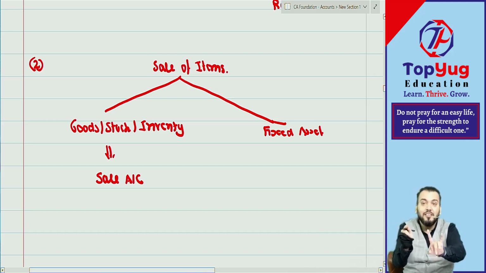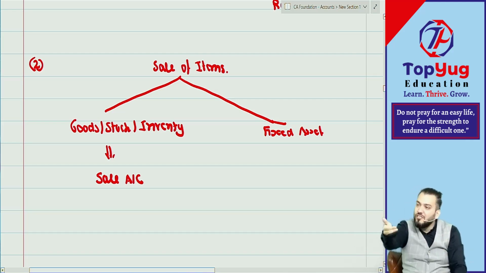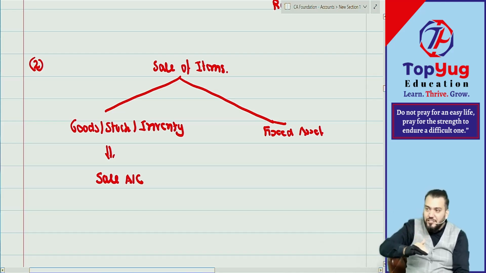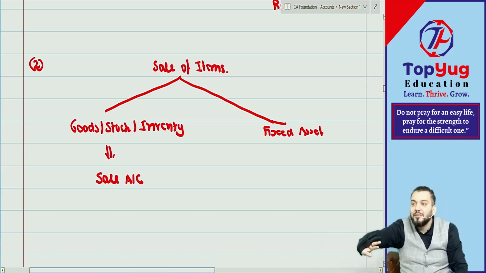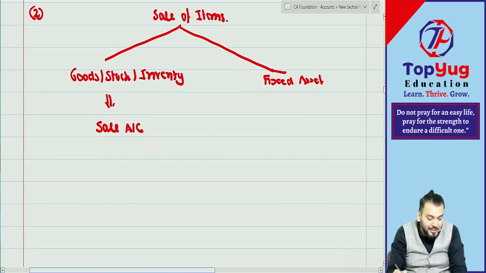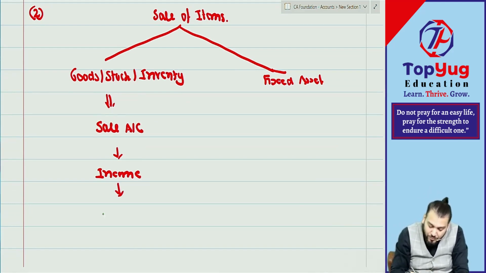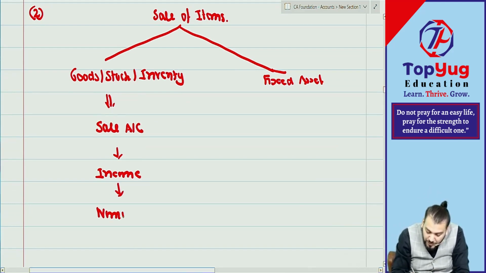Just read the definition: any benefit received from expense is income. So first you have purchased, that is your expenditure. Now you have sold it. Benefit derived or not? So once benefit is derived, it becomes income. So guys, this sales account is nothing but income. And income is which account? Nominal account. Understood?